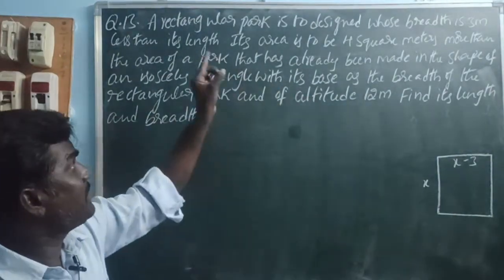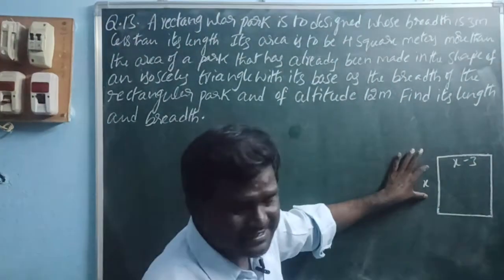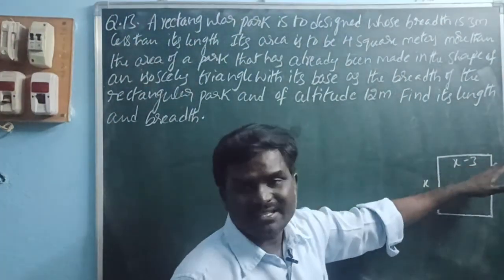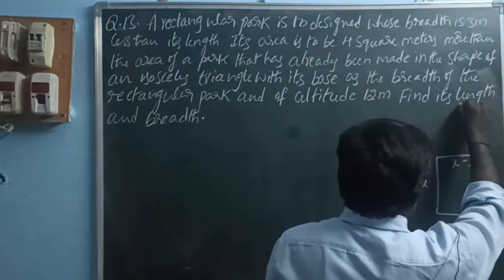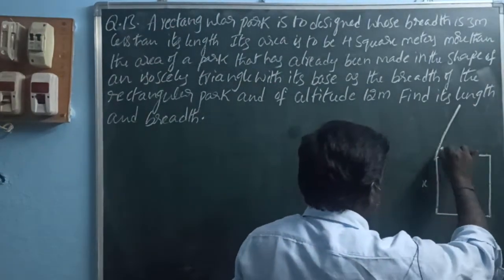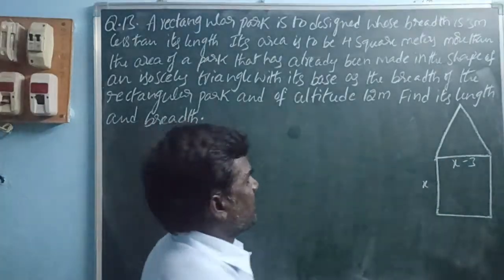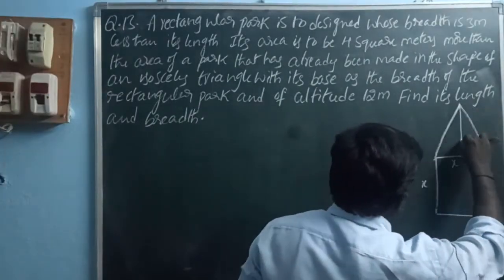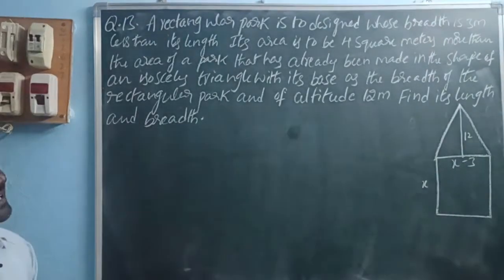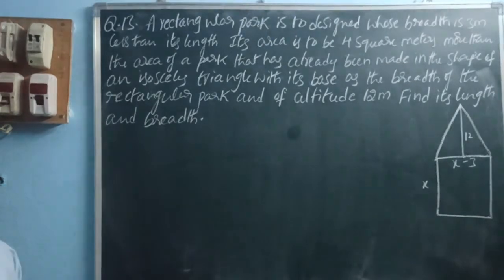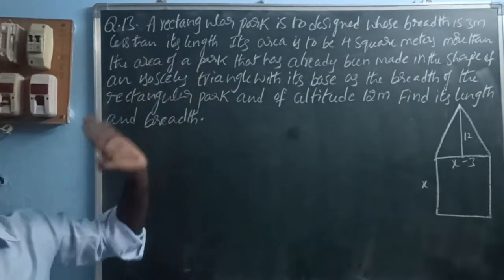Here we can make one isosceles triangle with the base as the breadth of the rectangle. The height of the isosceles triangle is 12 meters. The given condition is that the area of the rectangle is 4 square meters more than the area of the isosceles triangle.